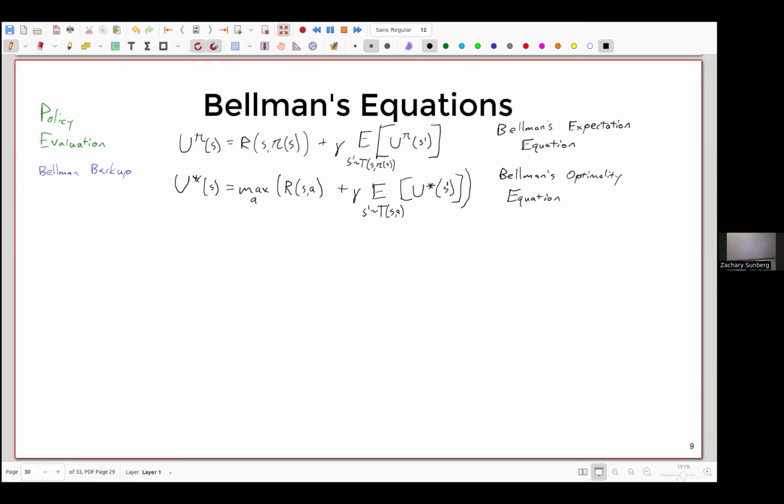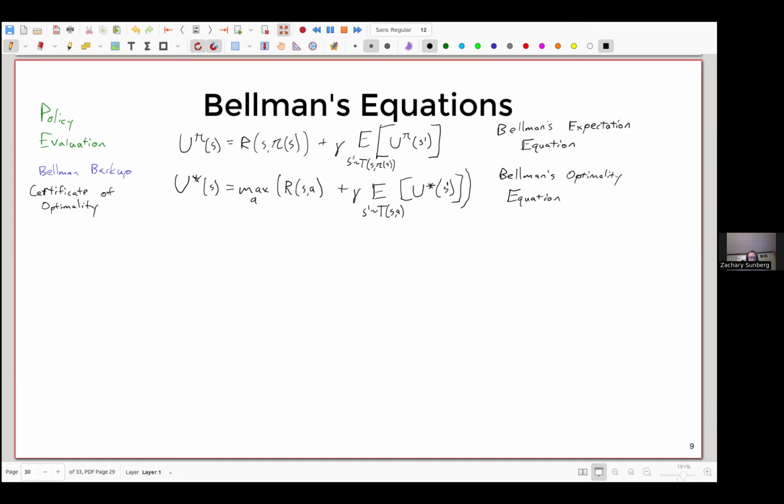Now, the second way that we use this equation is as a certificate of optimality. So if you can prove that a value function satisfies this equation at all states, then that means it is the optimal value function.